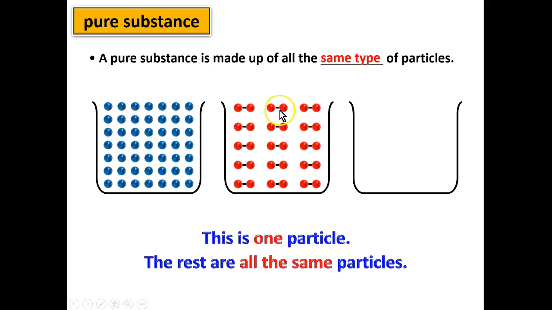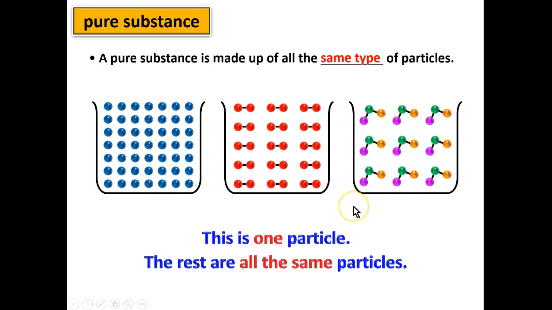You do have some that are bonded together, but we'll talk about these. These are called diatomic molecules. They're still the same type of particle, same type of atom. And then here you have one molecule or one particle, and the rest in that substance being made up of the same types of particles. So 3 examples of pure substances.